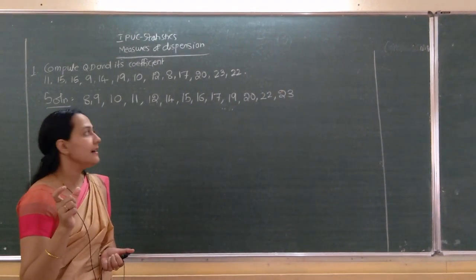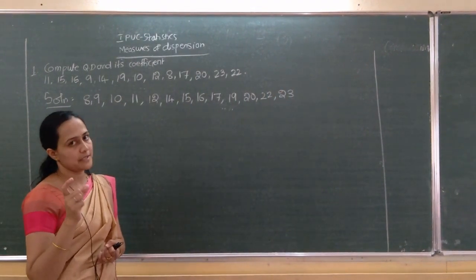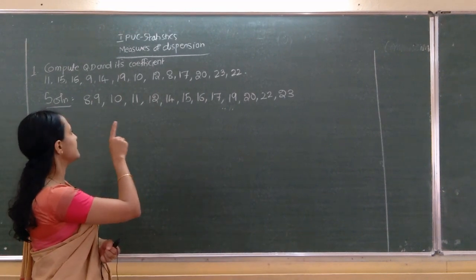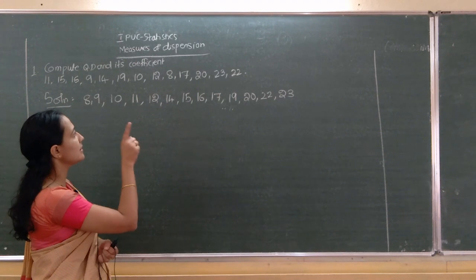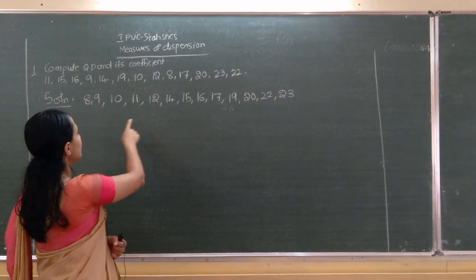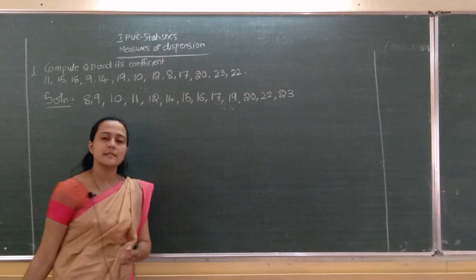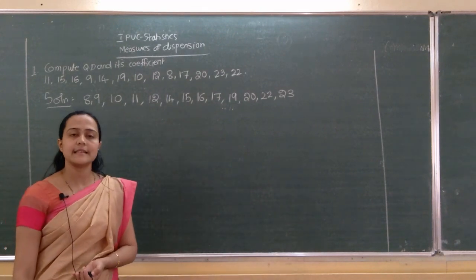First count the number of observations. How many observations are there? Count 1, 2, 3, 4, 5, 6, 7, 8, 9, 10, 11, 12, 13. So our ascending order is correct.